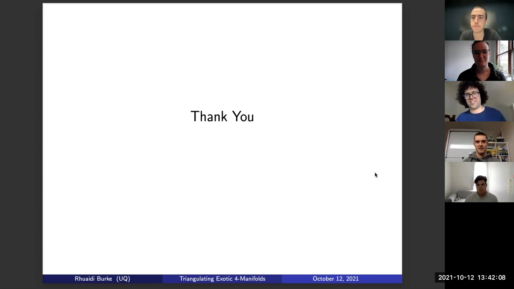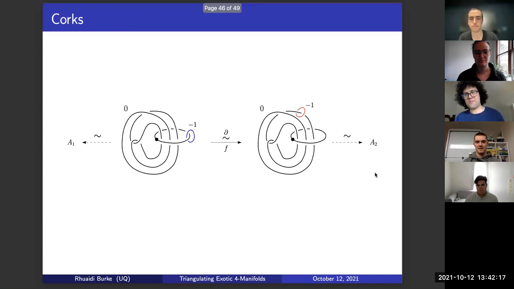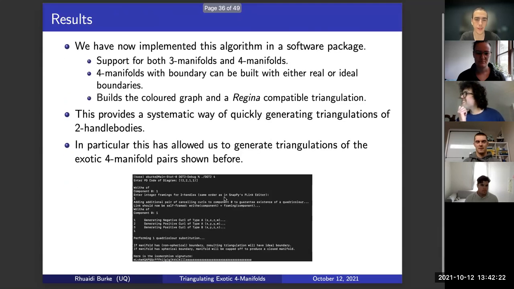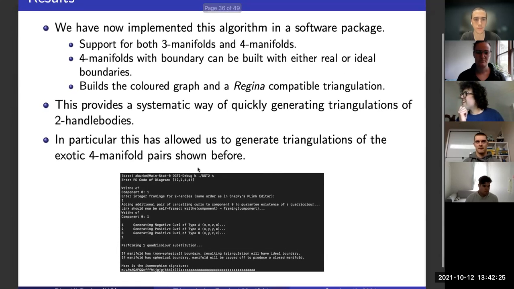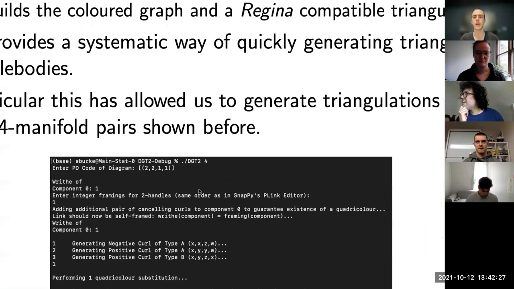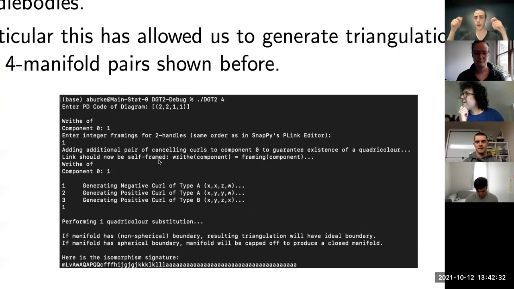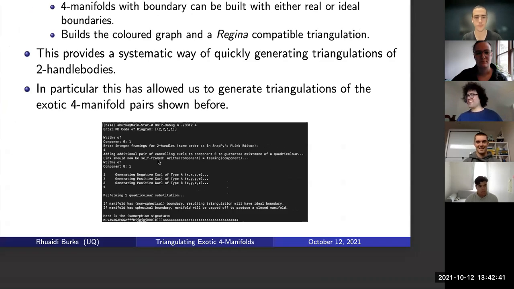So Regina's the better package ultimately. Is there anything to do with speed? Oh yeah. The Python version of my implementation generates all these crossing graphs and curl graphs, and you would give it this encoding of the diagram, and the Python version would go chunk chunk chunk printing stuff out, whereas the C++ version is almost instantaneous.